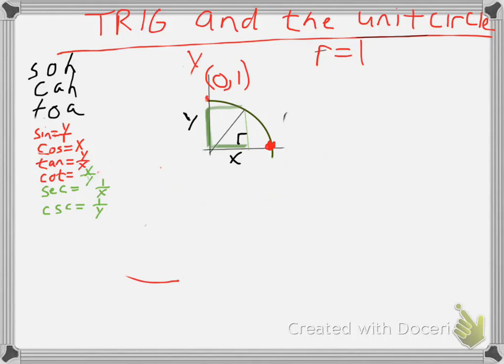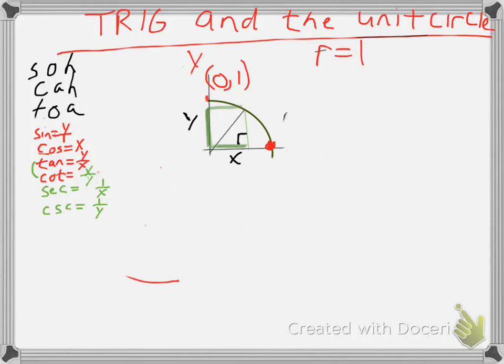So if we think about this in terms of a shortcut to help us remember, if we line them up like this, sine, cosine, tangent, cotangent, secant, and cosecant, and we realize the relationship as a reciprocal, we can draw ourselves a little rainbow. So tangent is related to cotangent.